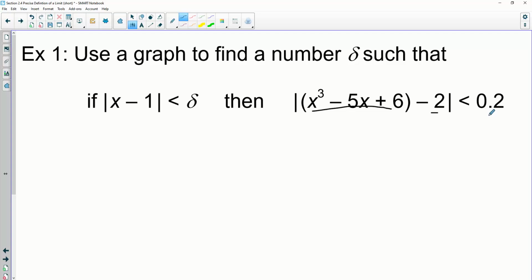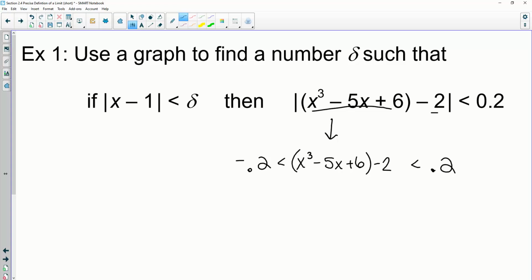If I'm talking about the distance between these, we subtract them. If this absolute value is less than 2/10, that means the actual value has to fall between negative 0.2 and positive 0.2. Would you agree with that?